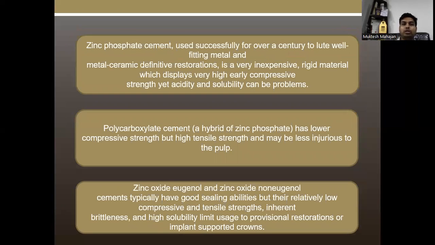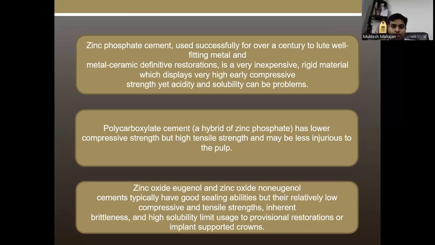Zinc phosphate cement, used successfully for over a century to lute well-fitting metal and metal ceramic definitive restorations, is a very inexpensive rigid material which displays very high early compressive strength, yet acidity and solubility can be a problem. Polycarboxylate cement, a hybrid of the zinc phosphate, has low compressive strength but high tensile strength and may be less injurious to the pulp.